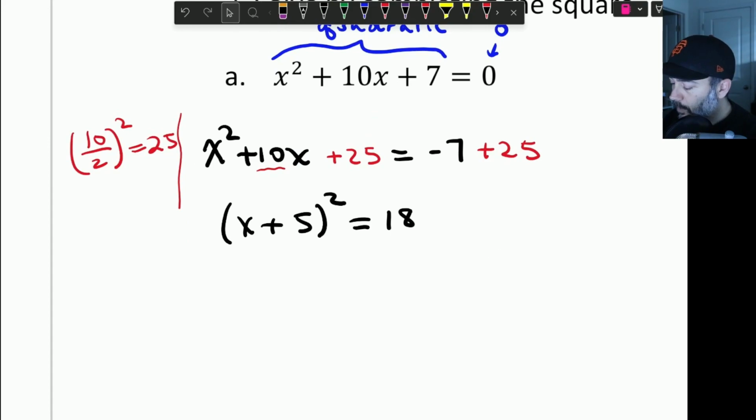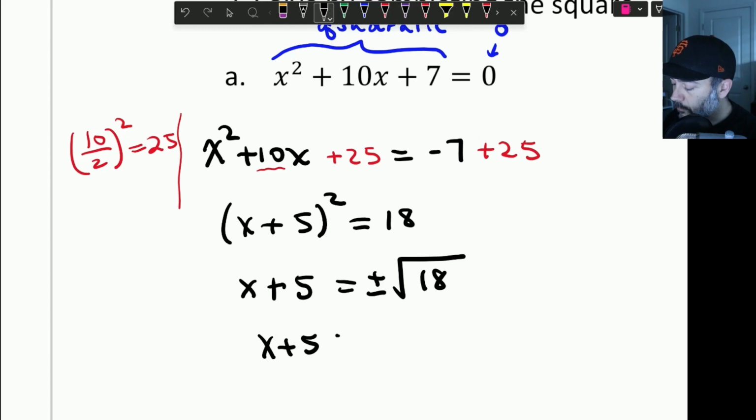You can take the square root of both sides to get rid of the square on the left. Remember we're solving an equation, so we need plus or minus, and that radical simplifies. Plus or minus the square root of 18 is 9 times 2, so if 9 comes out, it becomes 3 root 2.